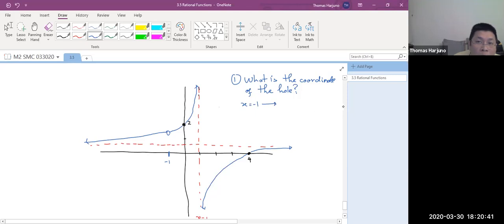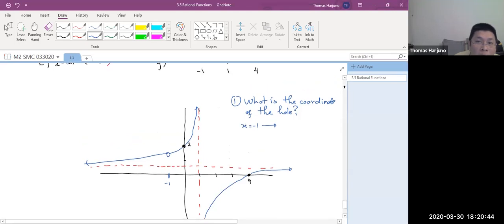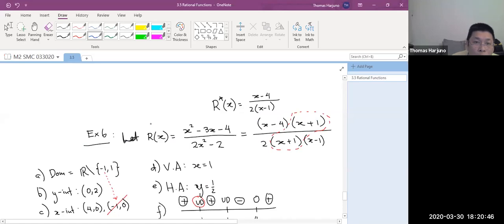Now, to find the y component, do not put it into the original function, because when you plug in x equals -1, you'll get something over 0, which is undefined. You will get 0/0. What you will do is plug into the simplified version of the function.